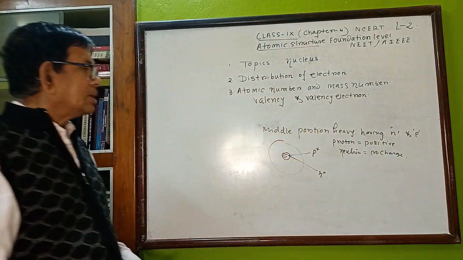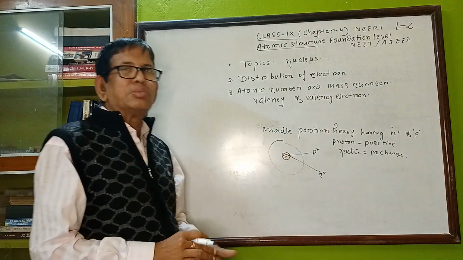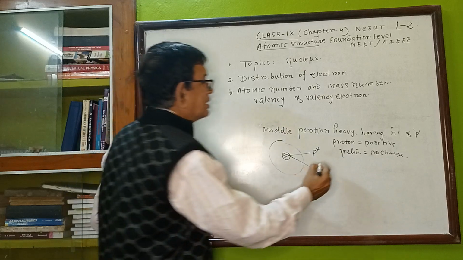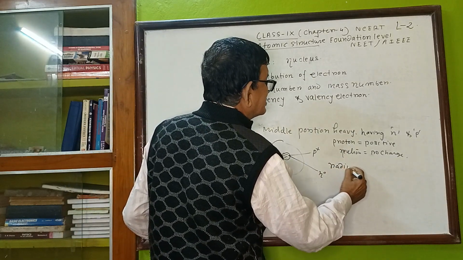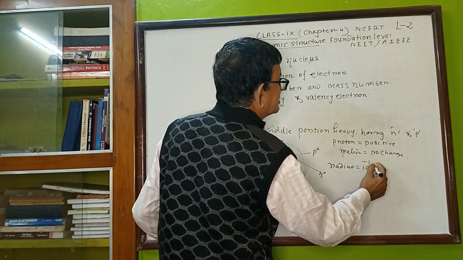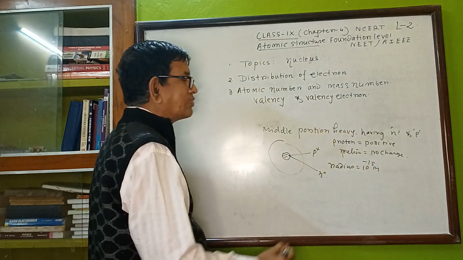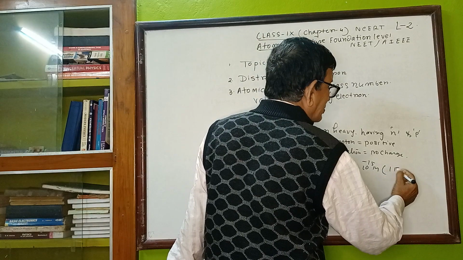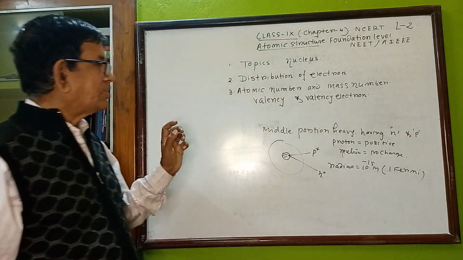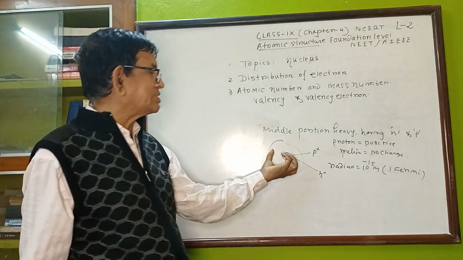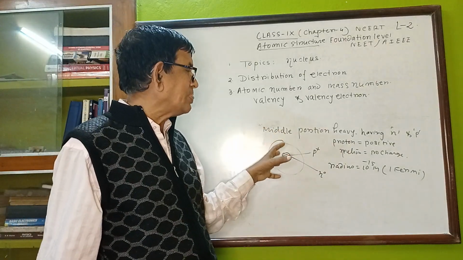Clear? Now, the size of the nucleus is very small. Radius of nucleus is of the order of 10 to the power minus 15 meter. That is 1 Fermi unit. Clear? The middle portion is heavy, the rest portion is empty.